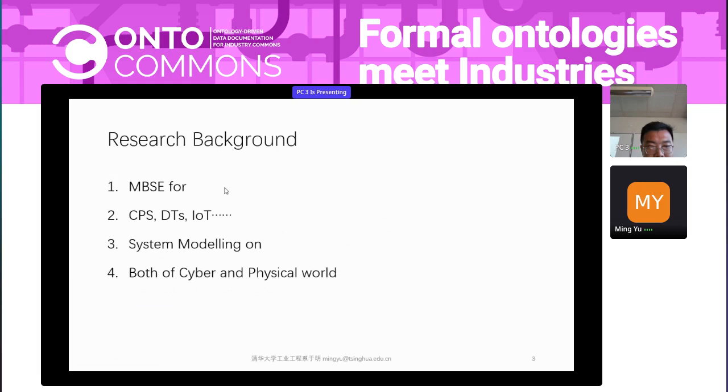We want to do system modeling for these systems using advanced tools. These tools need to help us build models both for the cyber and the physical world. Currently modeling works especially for the physical world, but we need to combine them together. So this is the background.